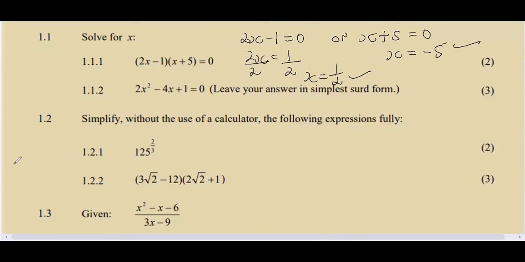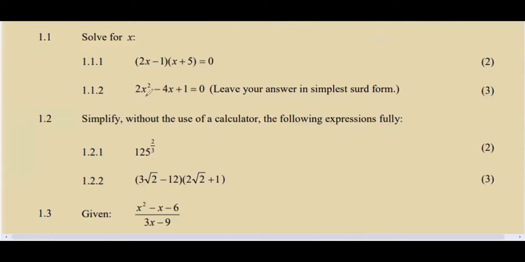Then let's proceed to this one here. So if you are given a situation like this, 2x squared minus 4x plus 1 is equal to 0, there is our key statement there. It says, leave your answer in simplest surd form, right? So this is always a hint, guys, to tell us that we need to use the quadratic formula, right?